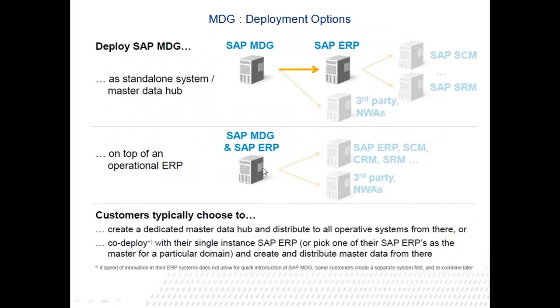I have a dependency, with a number of downstream systems. In such a case, I advise the customer to go for the standalone MDG box. Why? If I want to upgrade or maintain anything on this server, I must stop the server. If I go with this kind of co-deployment, it affects your transactional business also.